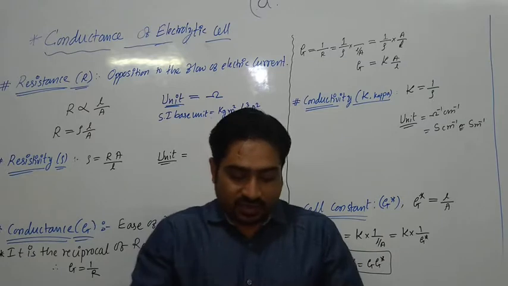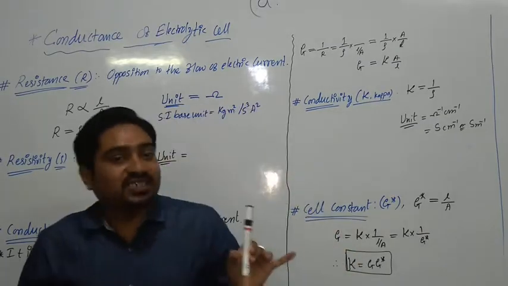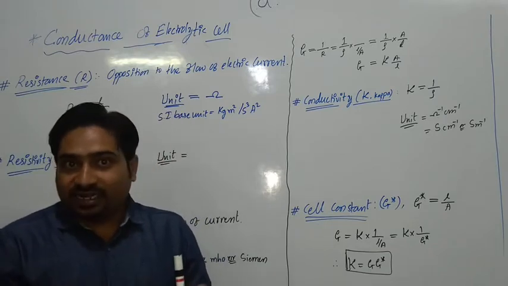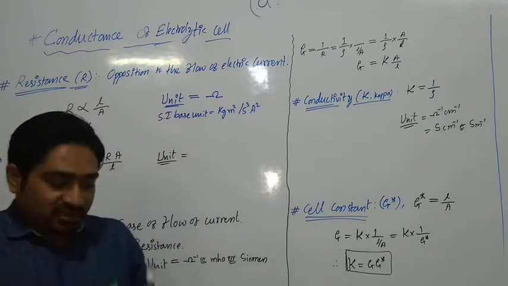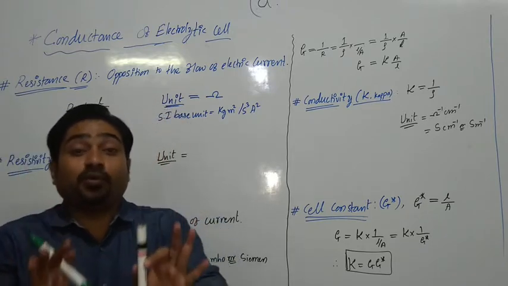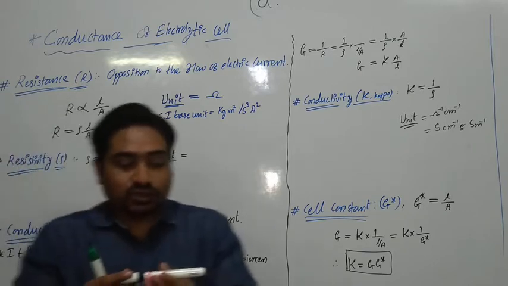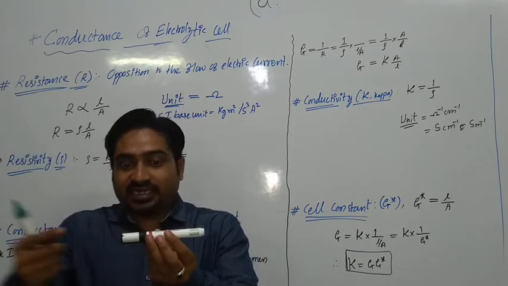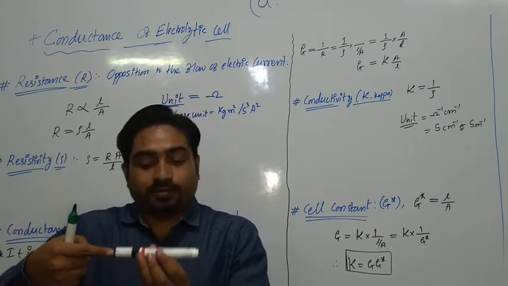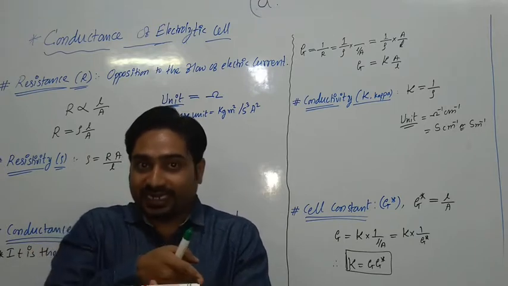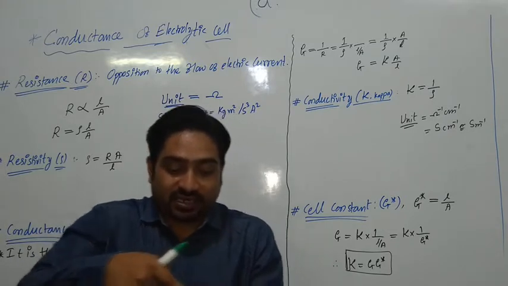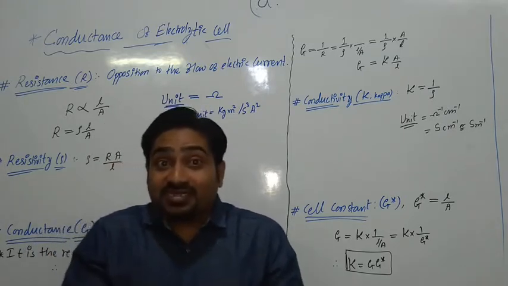If I consider this to be my electric wire, and I pass electric current through it, this wire by virtue has some amount of opposition to the flow of electric current. If this conductor is attached with some electric terminals or plates, and I try to pass the charges from this end to this end, then in going through the body of this conductor, those charges experience some opposition.